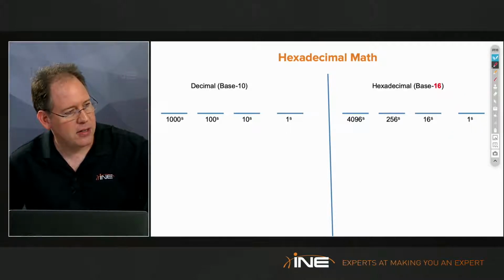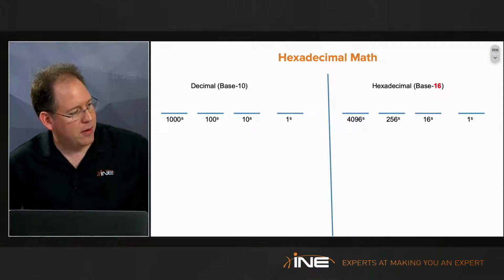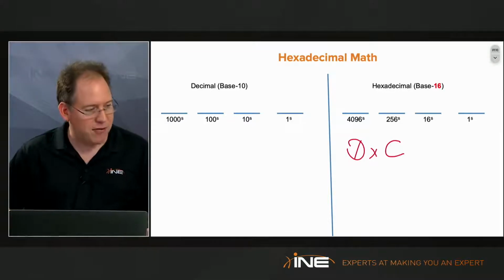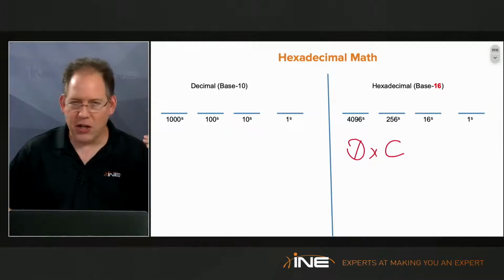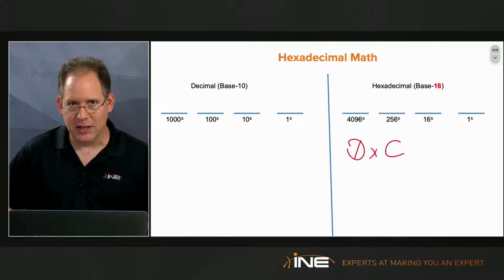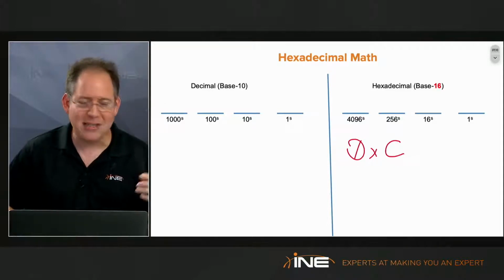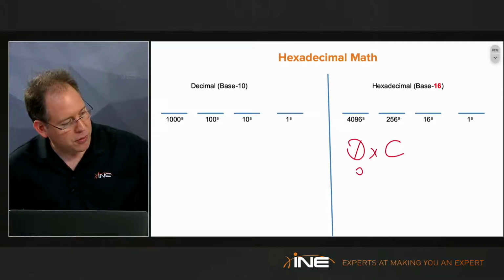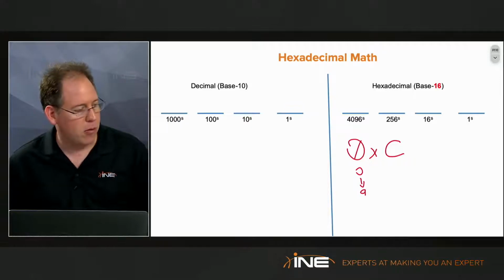Now what if you saw this? 0xc. Well, right there, even without the 0x, you know that's hexadecimal, because decimal doesn't have any letters in the counting system, and binary doesn't have any letters in the counting system. That's got to be hexadecimal. And now you know that 0 through 9 are normal, so what's C?